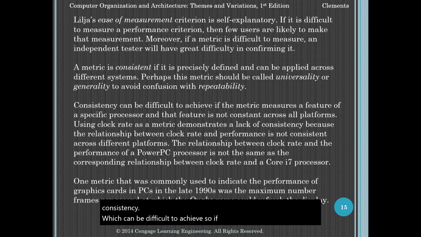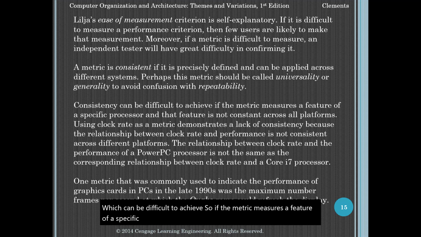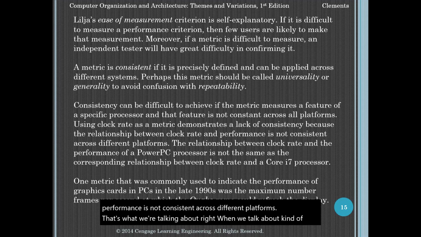So if the metric measures a feature of a specific processor, or that feature is not consistent across all platforms, or it's using a clock rate as a metric and demonstrates a lack of consistency because the relationship between clock rate and performance is not consistent across different platforms, that's what we're talking about, right? When we talk about this consistency.